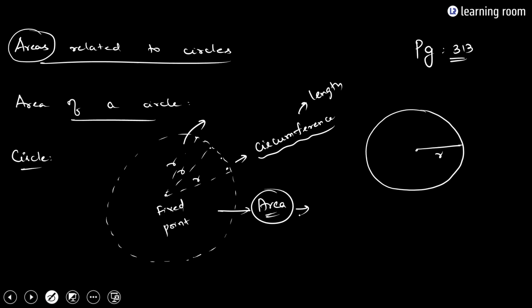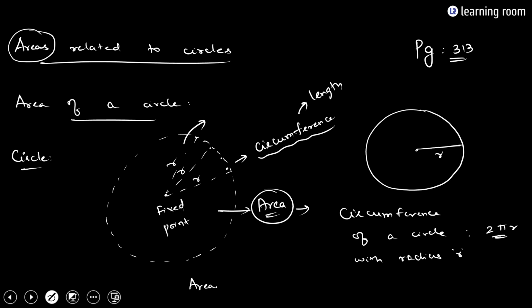Having said this, you already know the circumference of a circle with radius R. What is it? It is 2 multiplied by a constant called pi multiplied by R, so it is 2 pi r.